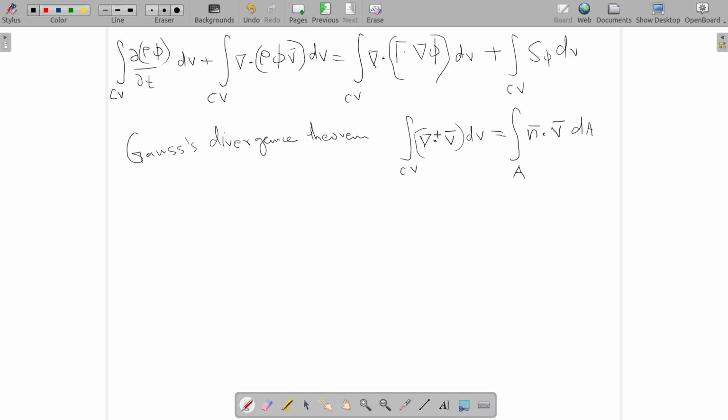So what does this mean? If we integrate the divergence of a vector, any vector v, over the control volume, that will be equal to the area integral over the boundary surface of this control volume, the surface integral of n dot v dA.